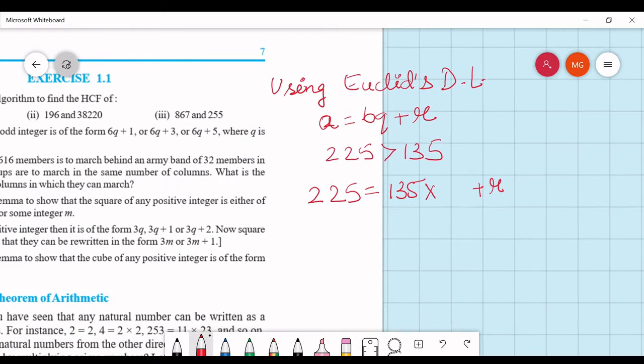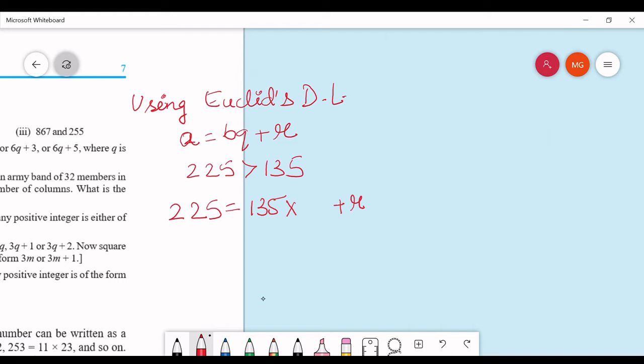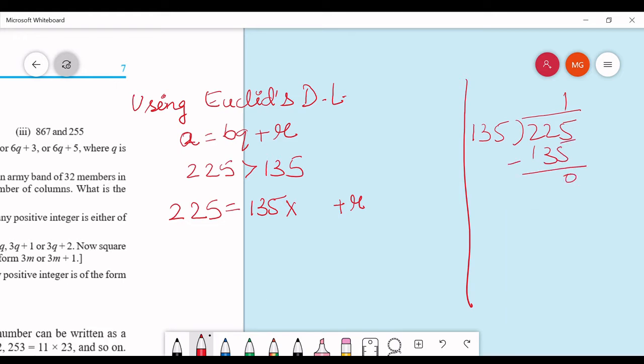Okay, so I'll just mark this rough, and what will you do? You will divide this 225 by 135. By 135 you will get what? You will get 1 here and 90, right?